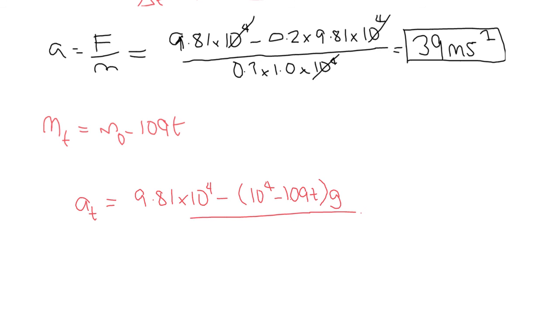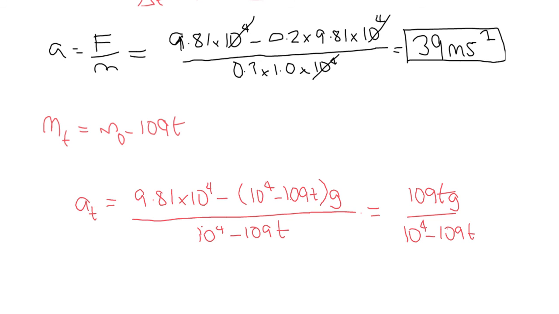Now we've got the resultant force. Now we need to divide that by the current mass, which is this expression here, which we can simplify to 109 t g over 10 to the 4 minus 109 t. That's an equation for acceleration at any moment in time.